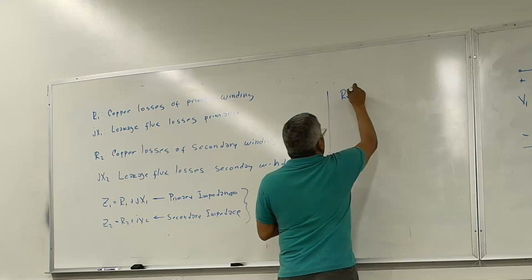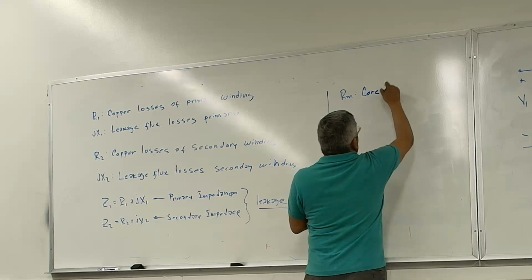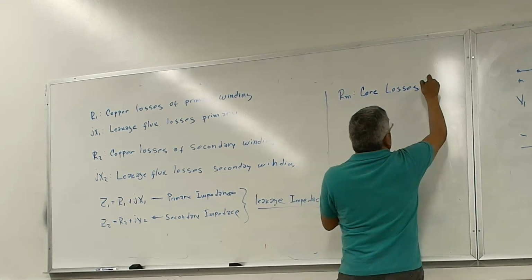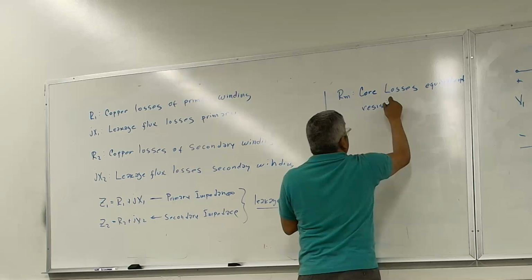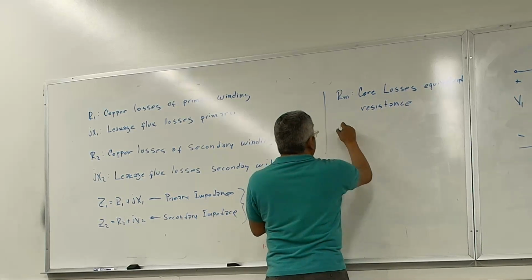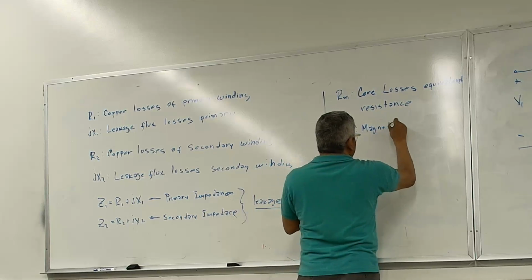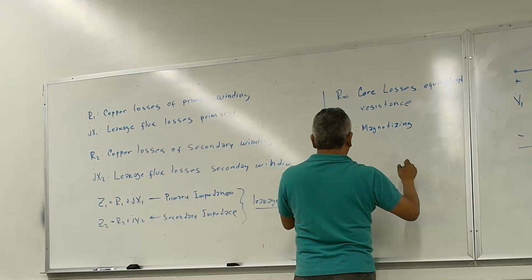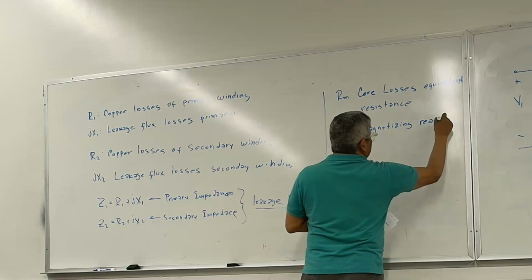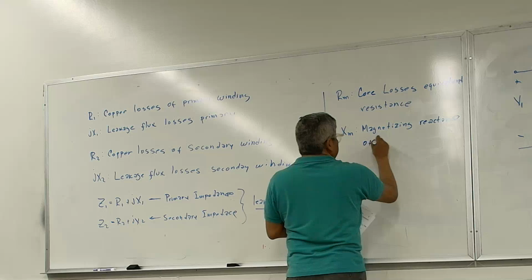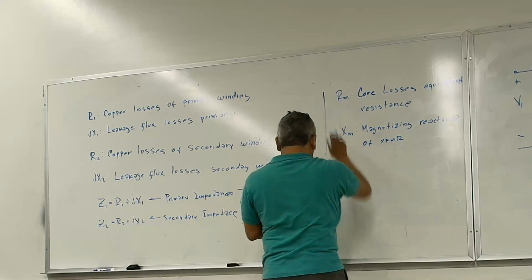RM is what we call the core losses equivalent resistance, and XM, or JXM, is the magnetizing reactance of the transformer. Let's take a look at this one.